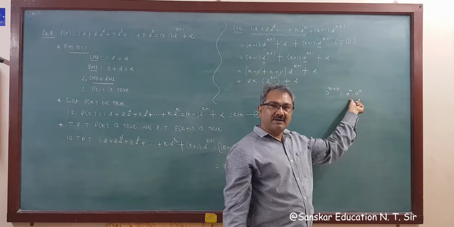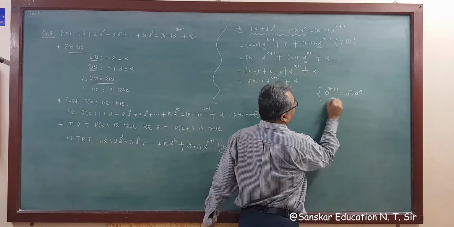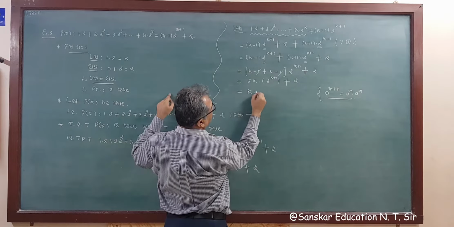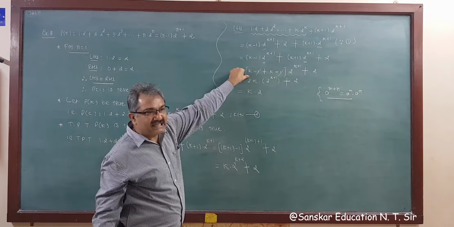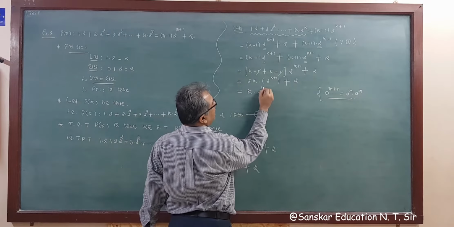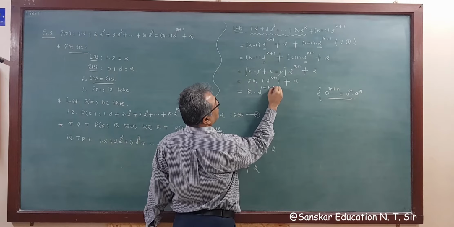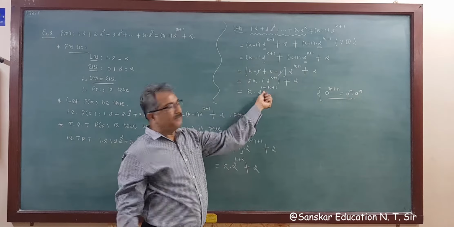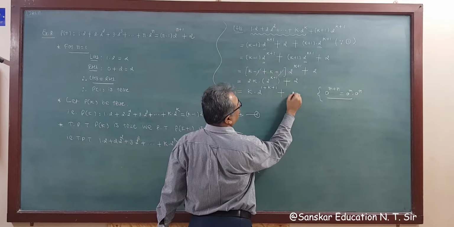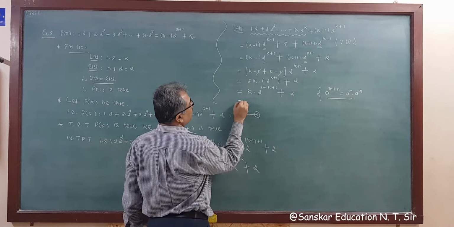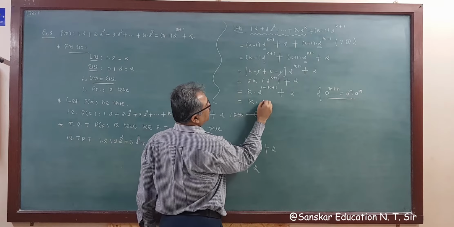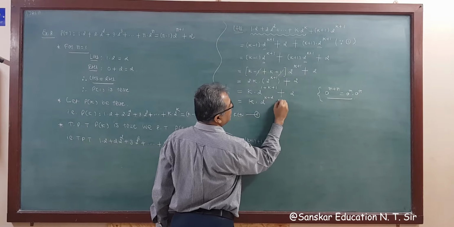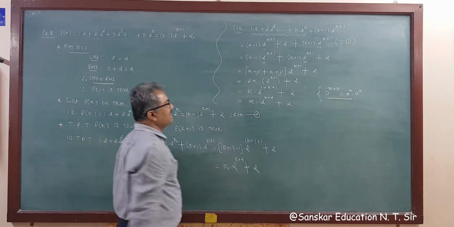So applying this formula to this, this is k, 2 raised to, now power of 2 is 1, so 2 raised to 1 plus k plus 1, power of this 2 is k plus 1, so adding this power and this plus 2. So this is your k into 2 raised to k plus 2, and this is plus 2.